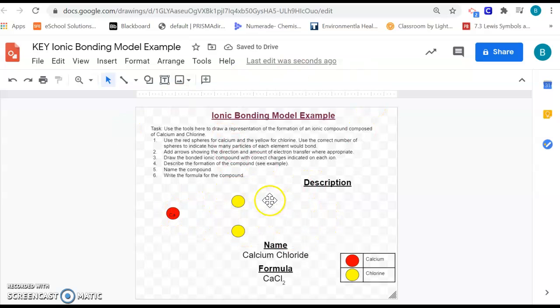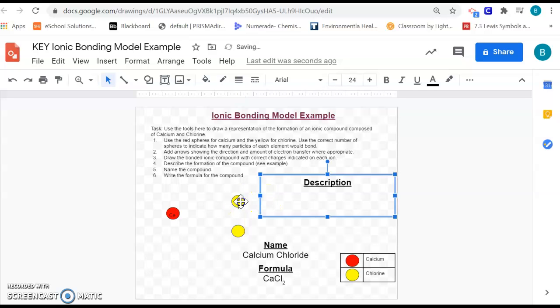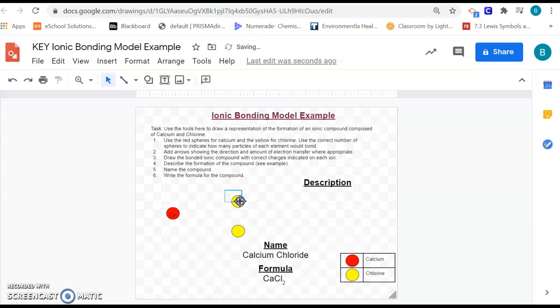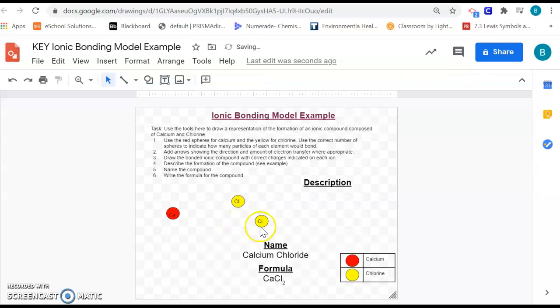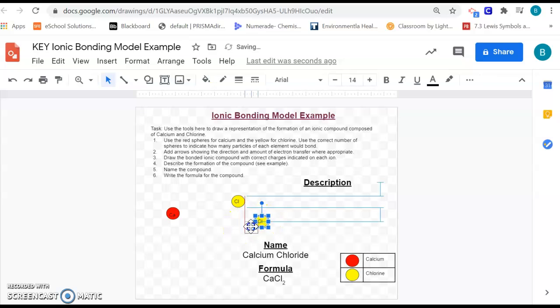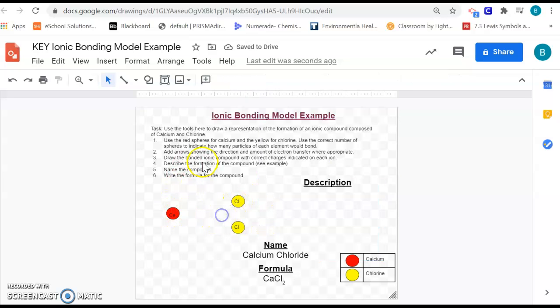I'm going to do the same thing and put Cl in the 2 yellow. I am going to copy this and use that, and I'll get rid of the other yellow. Okay, so I have 1 Ca, 2 Cls.